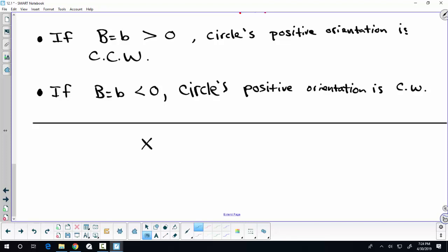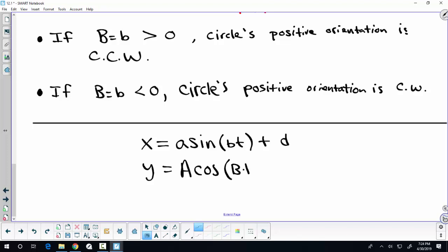What if, so if we had instead x equals lowercase a sine of lowercase b t plus d, y equals capital A cosine of B t plus D. So here, what would be different as opposed to what we had earlier?